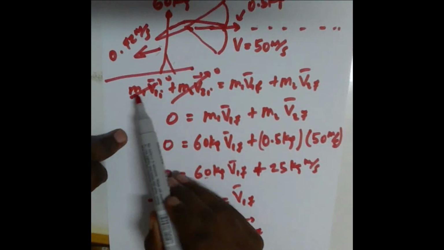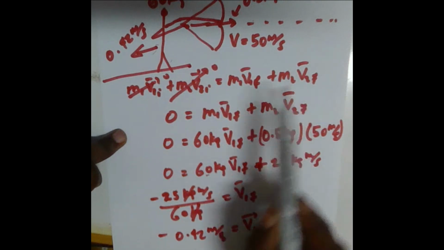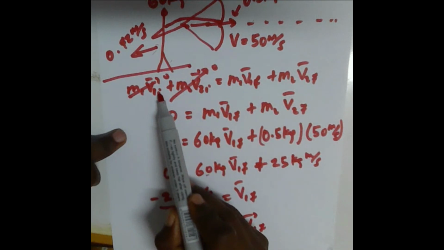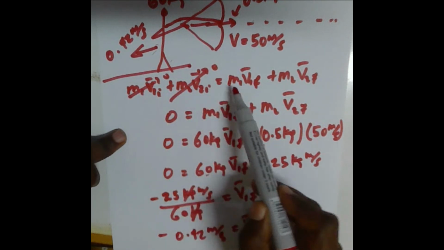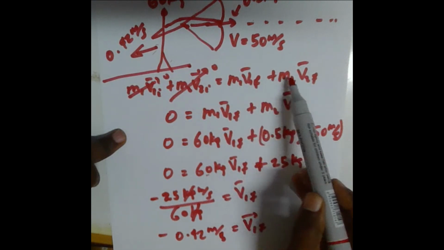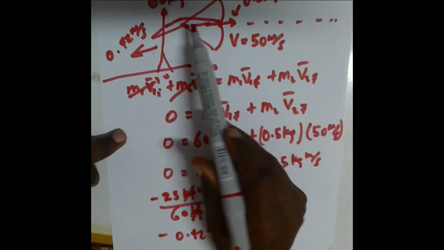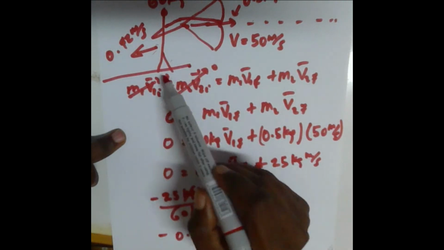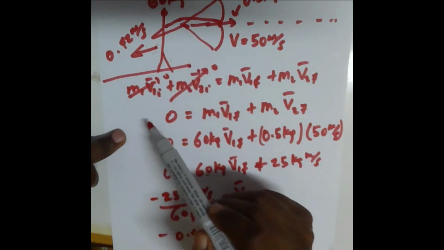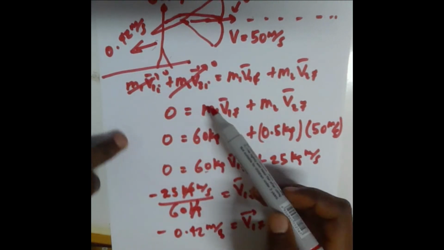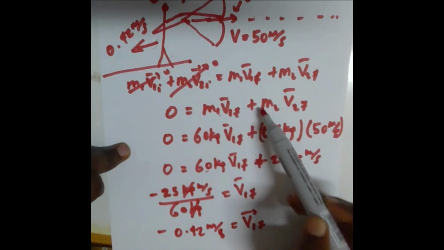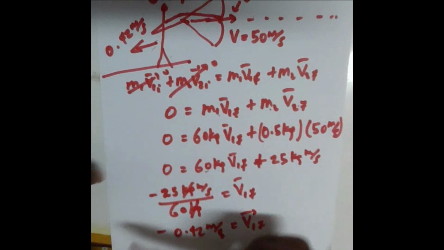So we'll apply momentum, the initial momentum and the final momentum. m1 v1 initial plus m2 v2 initial is equal to m1 v1 final plus m2 v2 final. Both start from rest, that's why this becomes 0 and this becomes 0. So 0 is equal to m1 v1 final plus m2 v2 final.